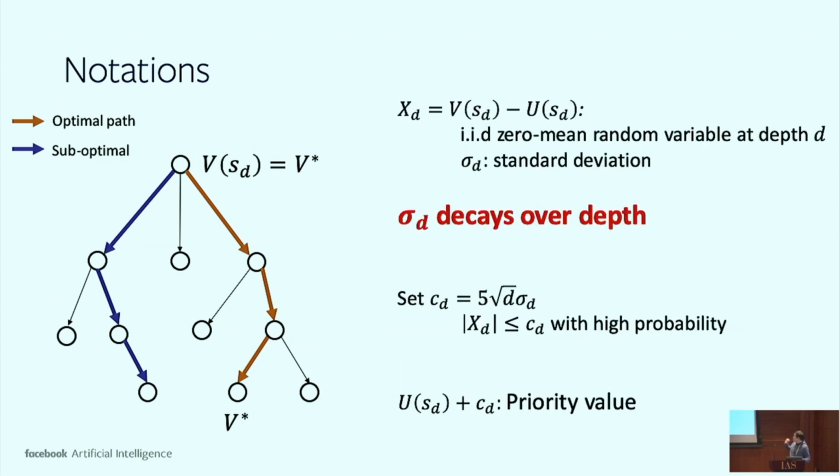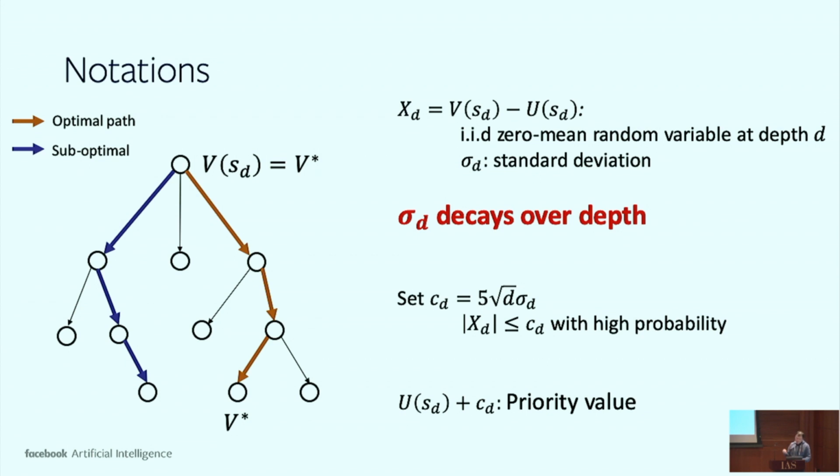Between the true value V and the value predicted by the value network, there is a gap, called X_d. We assume that this is an i.i.d. zero-mean random variable at depth d with standard deviation sigma_d. Note that this X_d is instantiated once for each value network call, and after that it stays fixed.